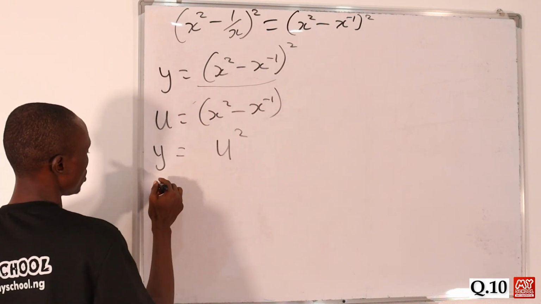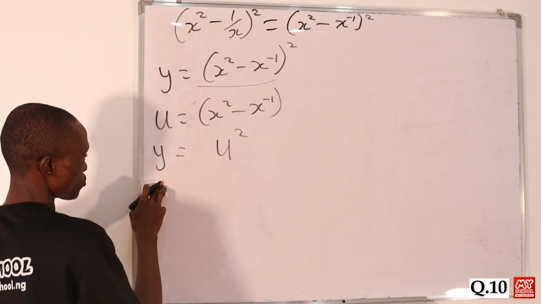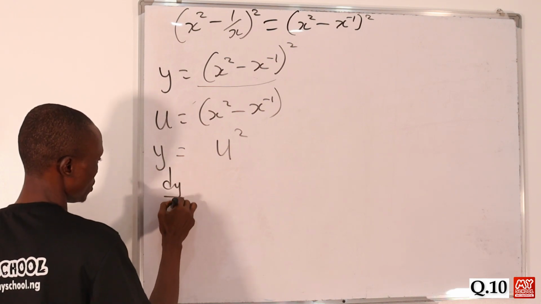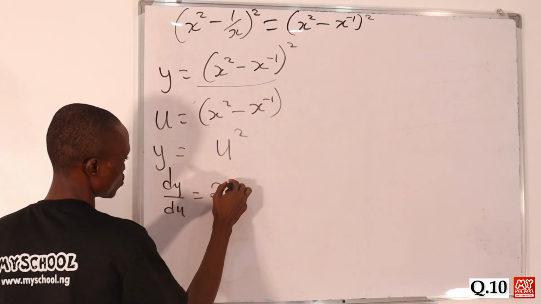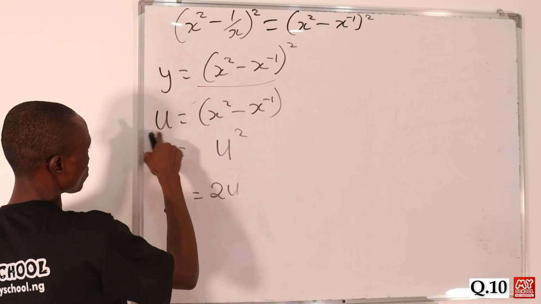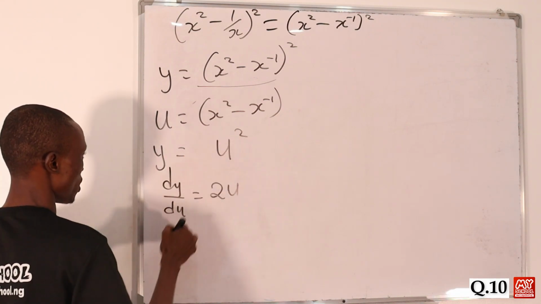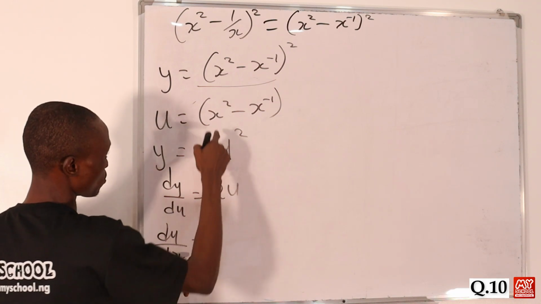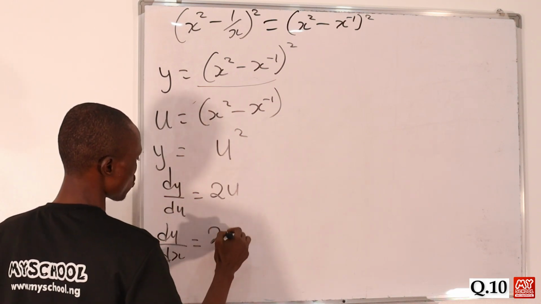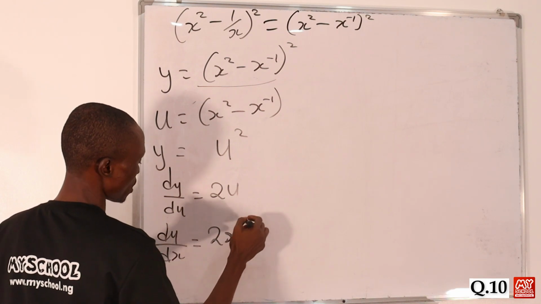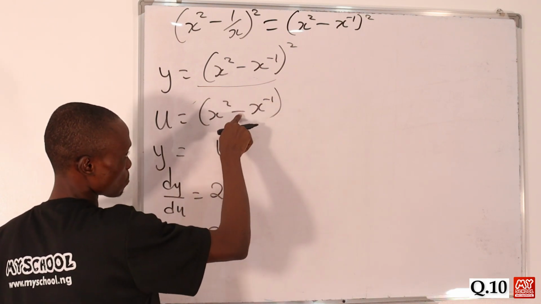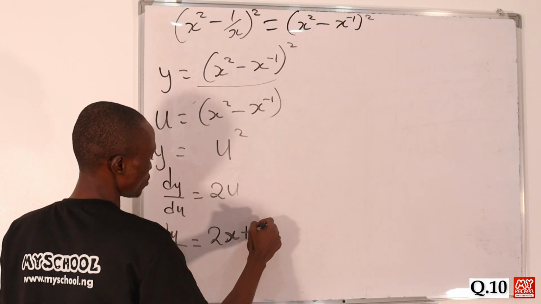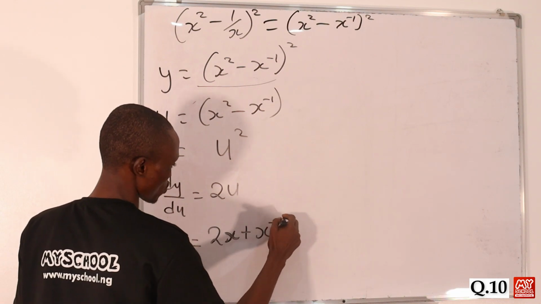So if we differentiate y with respect to u, we're having dy over du equals 2u, right? Now let's differentiate u with respect to x, so that du over dx equals, if we differentiate this, we'll be having 2x. Then minus 1, we multiply this minus to give us plus, and you'll be having x raised to power minus 2, okay?